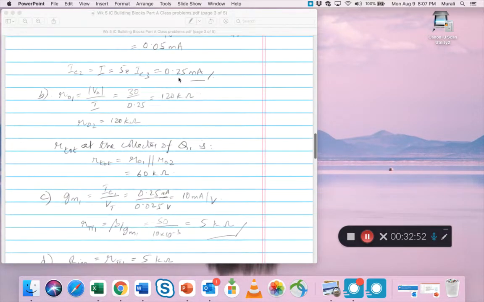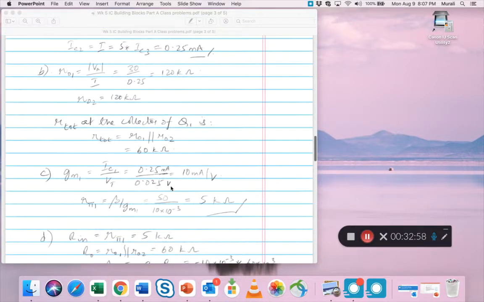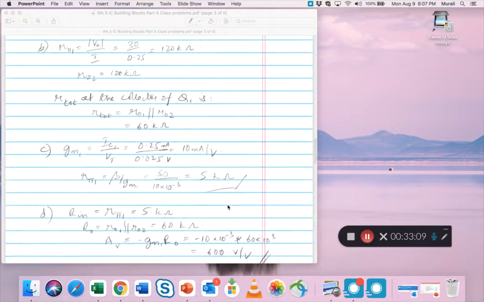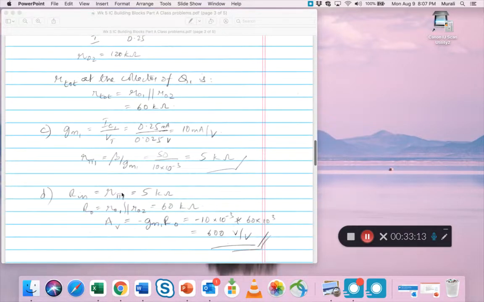We found IC1, which is I, which is IC3 also, as 0.25 milliamps divided by 0.025 volts, which gives you 10 milliamps per volt. R pi 1, the input resistance, is beta by GM1, comes out to be 5 kilo ohms. Rin is this, RO is this, AV is this.